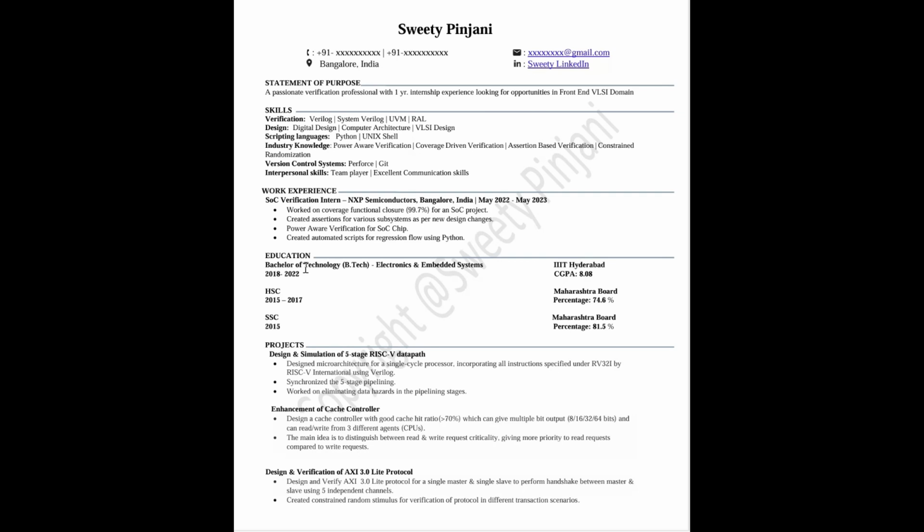Since this person has only a bachelor's degree, I have also mentioned HSC and SSC percentage. If you have a master's degree and you don't have a lot of space in your resume, you can skip HSC and SSC percentage. If they ask later, you can provide it, and you can just mention your master's and bachelor's percentage.